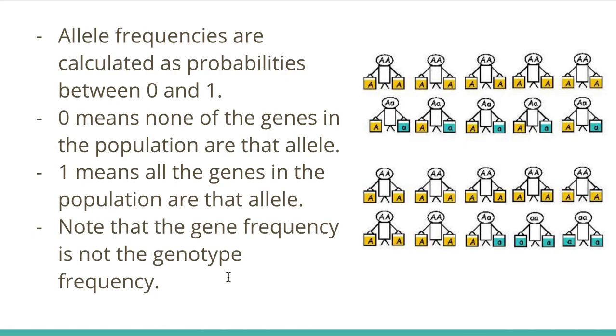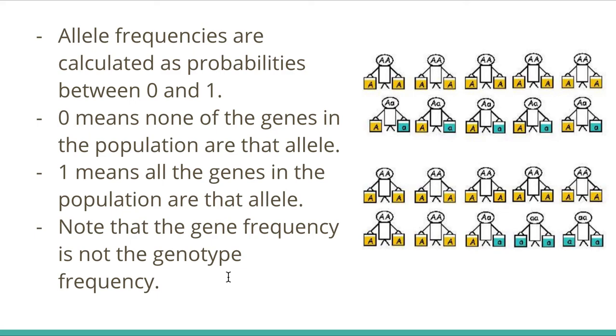And note as well that the gene frequency is not the genotype frequency, and that's why this image on the right-hand side is there. It's actually very important because what we see in the top population is we have a whole bunch of heterozygotes in that population and a whole bunch of homozygous dominant individuals and no homozygous recessives. But in the bottom population, we do have a bunch of homozygous dominant, in fact more than in the top population.